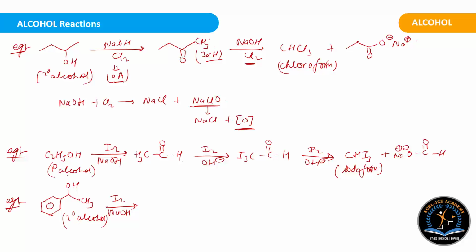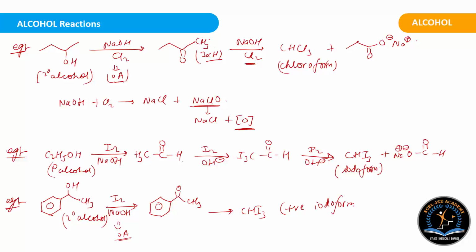So this is an oxidizing agent because it provides nascent oxygen to the system. Therefore it will be C double bond O CH3, and there are 3 alpha hydrogens and a withdrawing group, that means a positive iodoform test will be given. We write CHI3 as the product, therefore we can write that a positive iodoform test has been obtained.